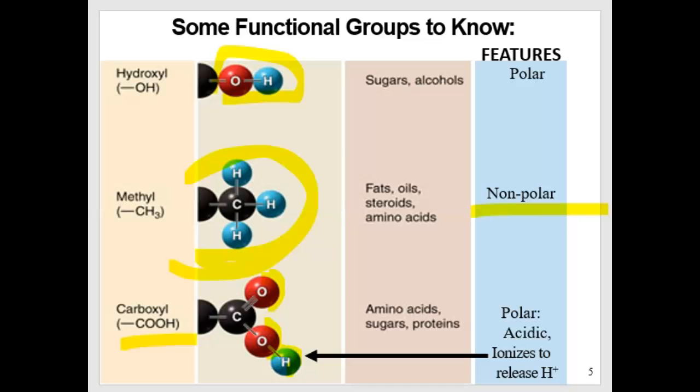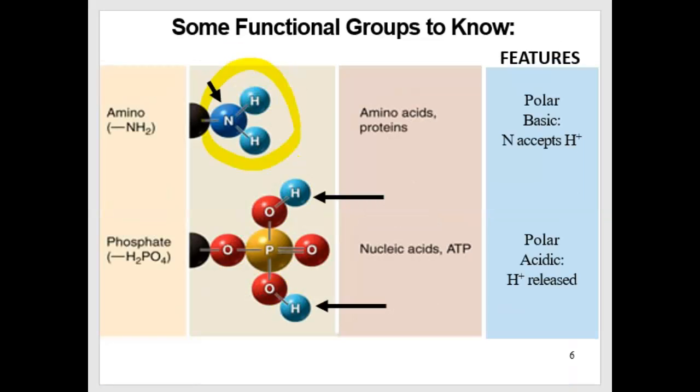So the next group of functional groups is the amino group, and it includes 1 nitrogen bound to 2 hydrogens. Now, on the surface, there's no oxygen, so you don't think polar, but that nitrogen actually has an electron pair that isn't bound to anything, just attached to the nitrogen, not bound to the hydrogens.